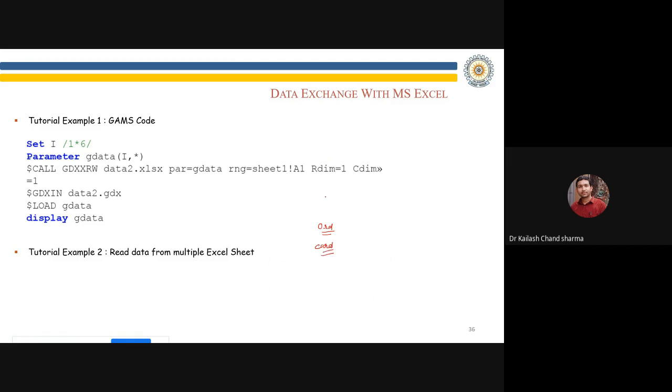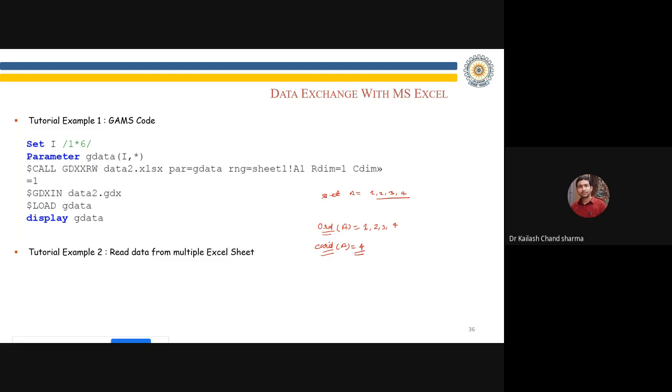Suppose your set A has the elements 1, 2, 3, and 4. If you use the ord statement, ord A, it gives the value of their location, the values 1, 2, 3, and 4. But if you write card A, then it shows the total number of elements, that is 4 only. So these ord and card are helpful to write the conditions.